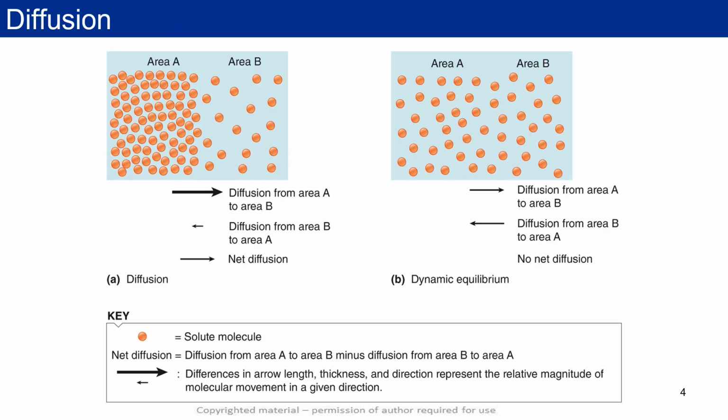This figure shows how diffusion works when a solute is released in a media like air or water. In the left panel, area A has more solute or dissolved components than area B, so there's net movement of solute from area A to area B. Net movement of solute continues until the concentrations are equalized between the areas.